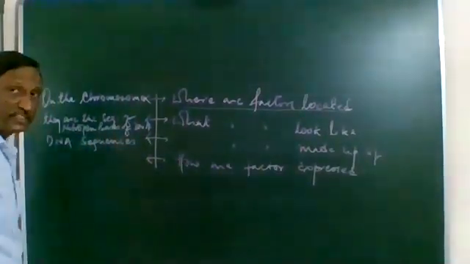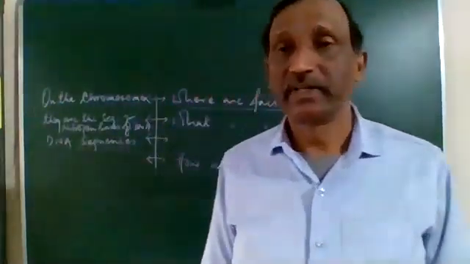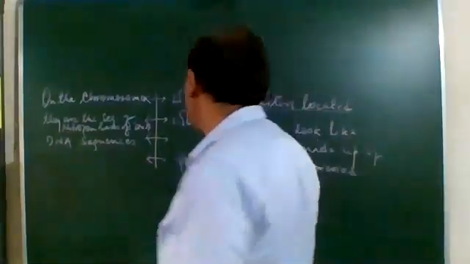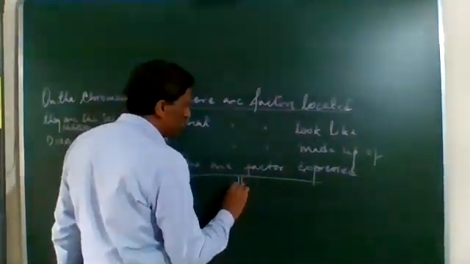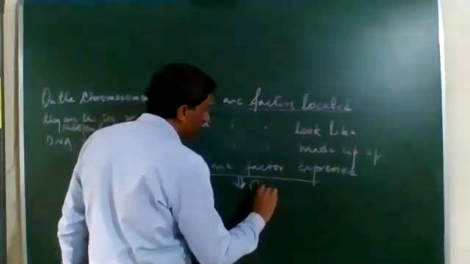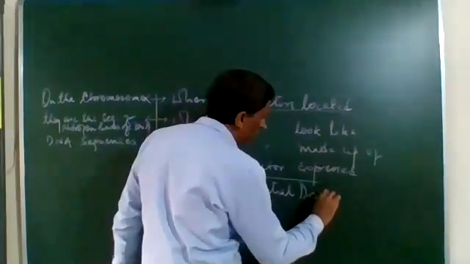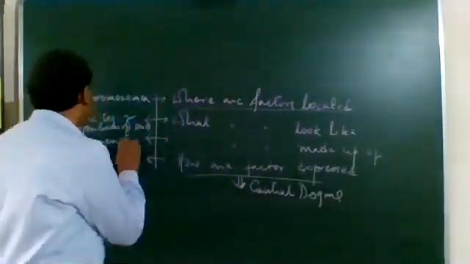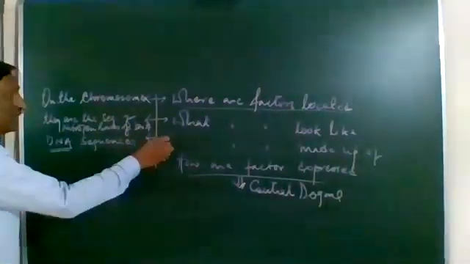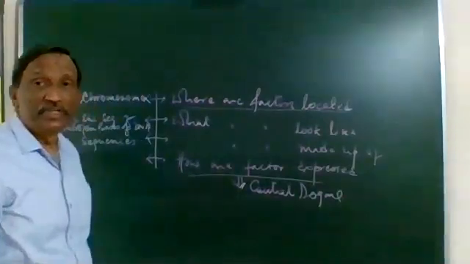And how do they express? Expression is a very complicated science, but the entire thing is the central dogma. What does it say? We studied that the factors are made up of DNA.